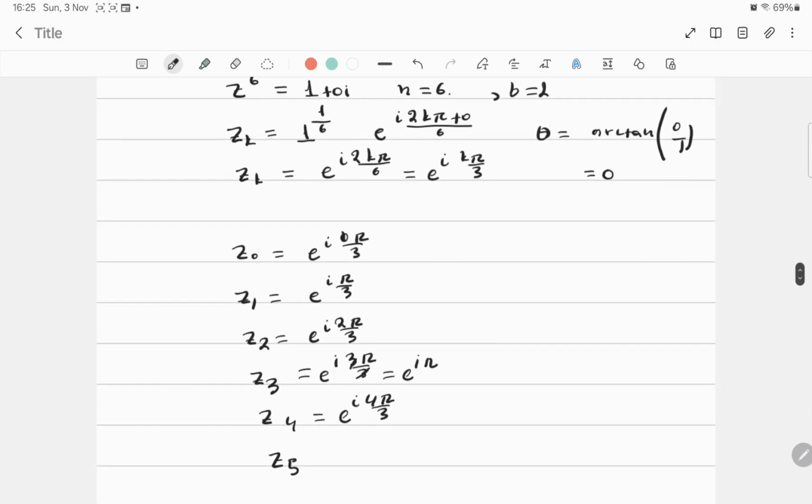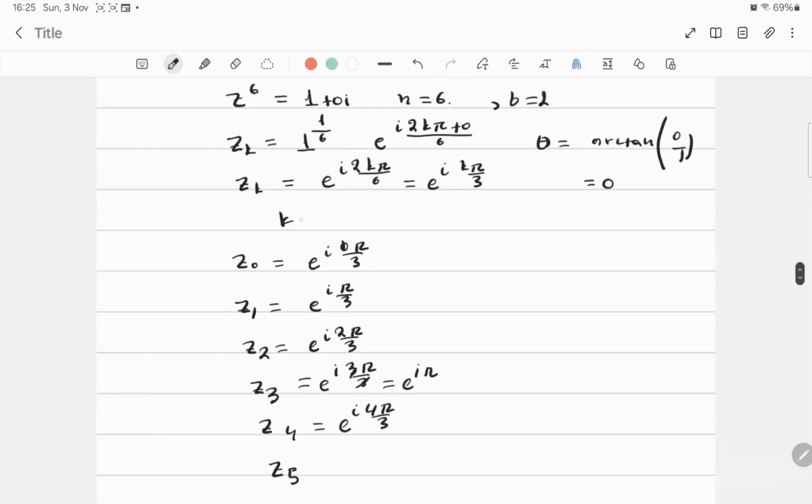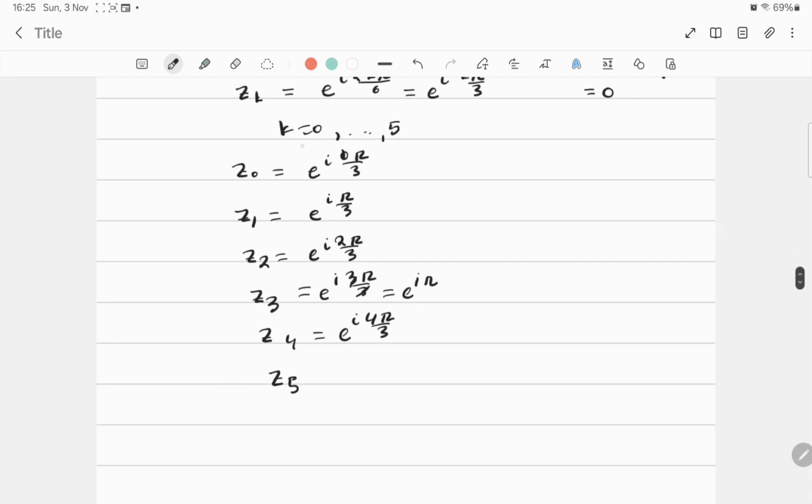We need to have 6 roots in total, so k goes from 0 to 5. If we have 6 roots, k goes from 0 to 5, e to the power of i 5 pi over 3.